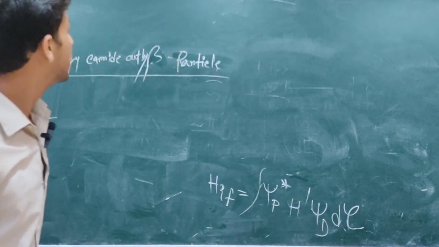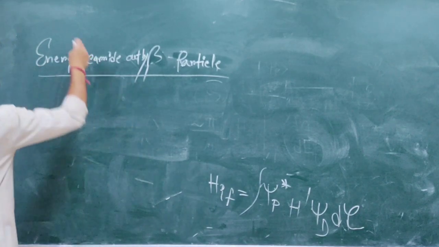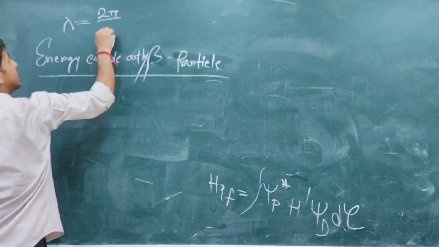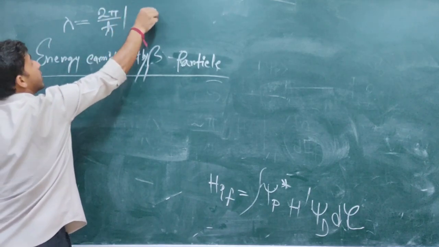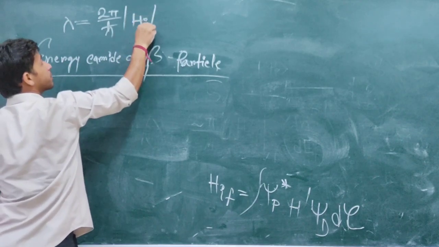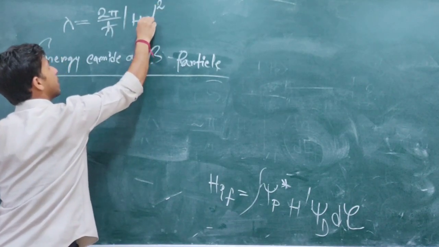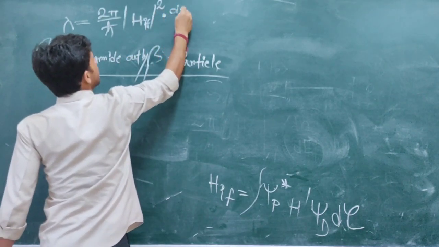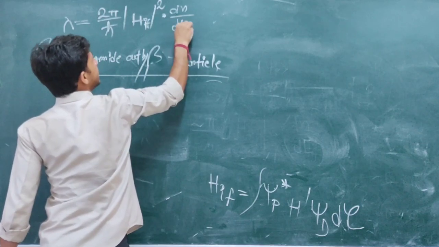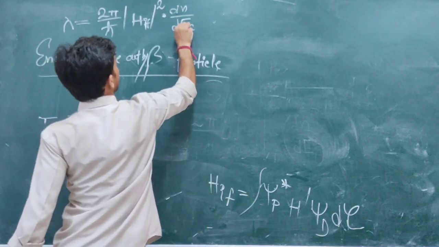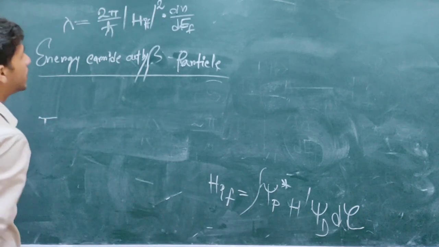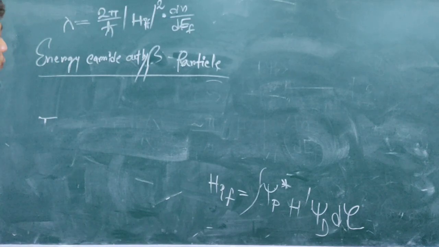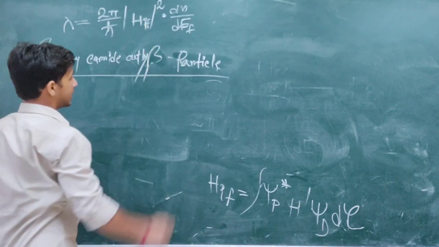So again, writing our formula for the transition probability, lambda equals 2 pi divided by h cross, mod square of H_IF, times dN divided by dE_F. Here we have to calculate this H_IF value and the dN by dE_F value. First of all, we are going to calculate this H_IF value.